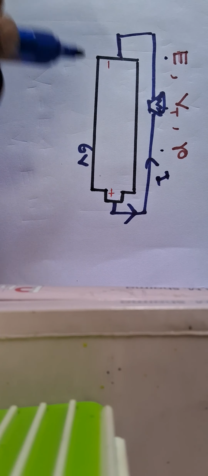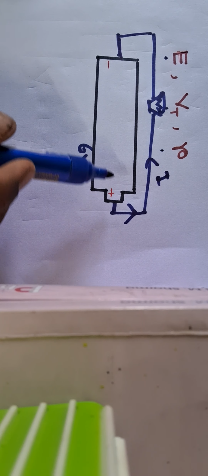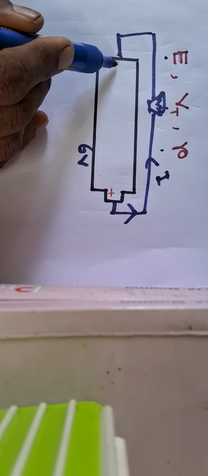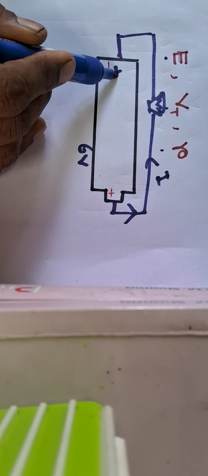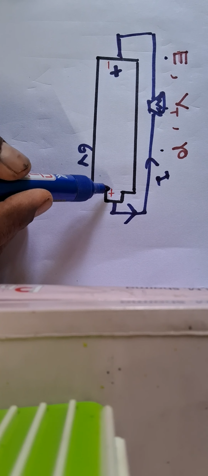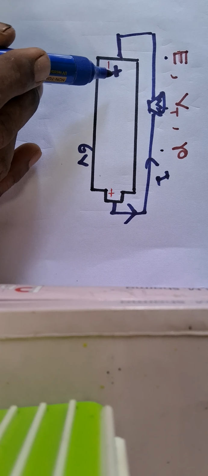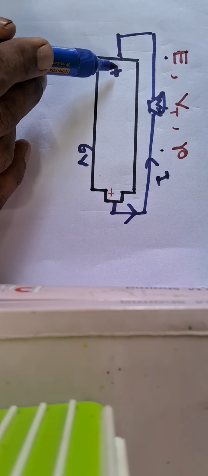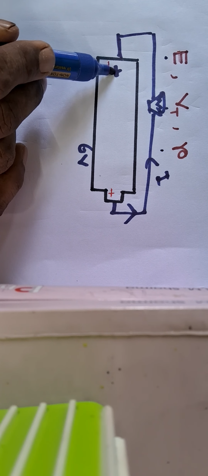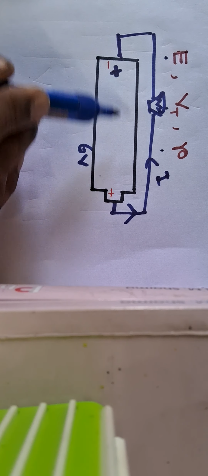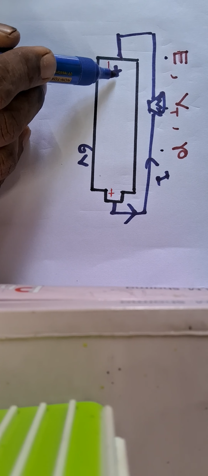Now to explain it, let us assume positive charge flows. It's a positive charge, and it is the positive terminal of the battery. Definitely it will repel the positive charge. For this, the battery has to do work to make the charge move, or to bring the charge from this terminal to this terminal, and then it will push the charge.